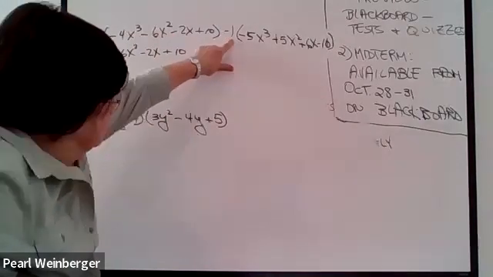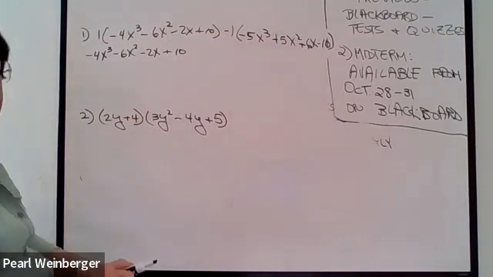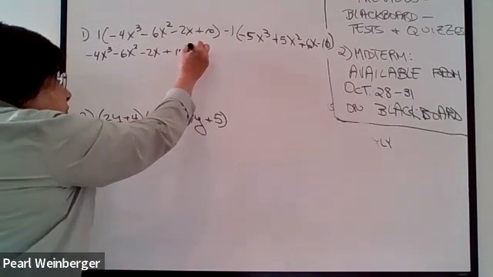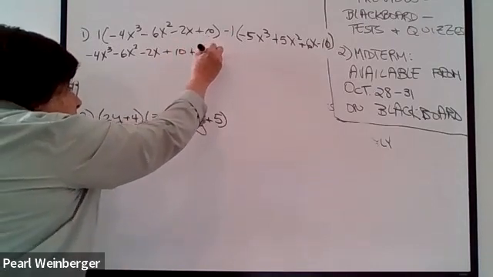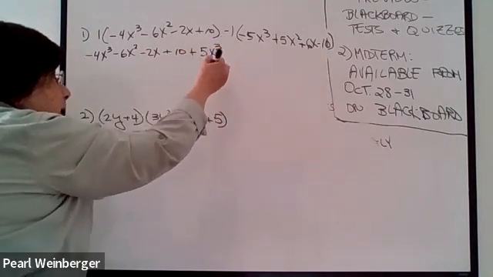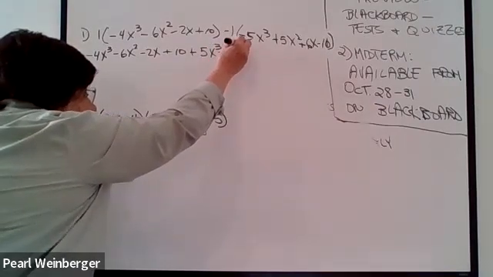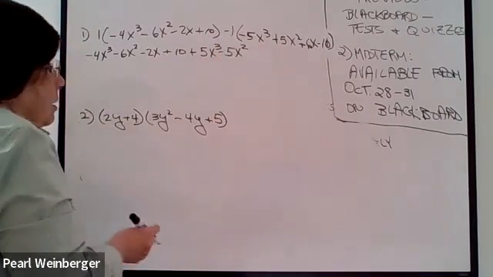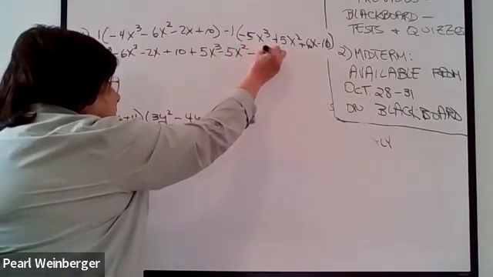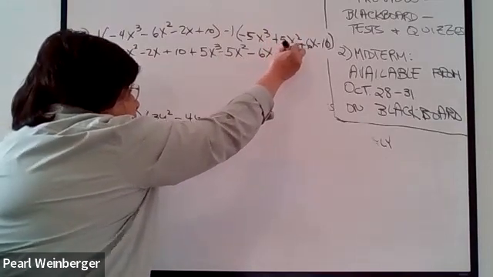Don't forget there was this negative before, so I'm going to have to multiply everything in that parentheses by -1, which is going to give me plus 5x to the third. And -1 times positive 5x squared is going to give me -5x squared. -1 times 6x is going to give me -6x. And -1 times -10 is going to give me +10.